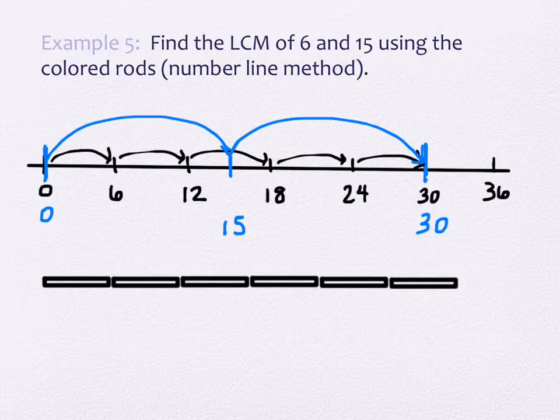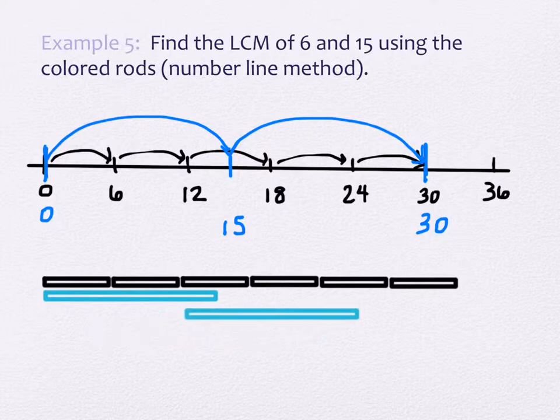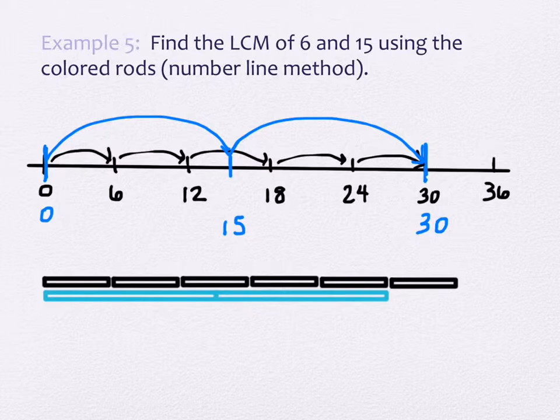So I know it's not matching up quite right, but then I've got my blue block that's going to represent 15. There's another one over here. It's going to go off my screen a little bit, or at least almost off my screen.